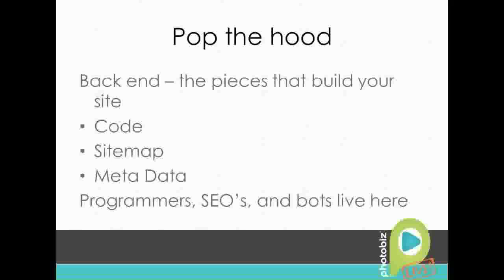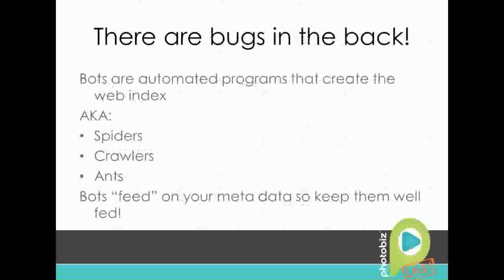Generally, only programmers, SEOs, and the bots are really concerned with your back end. This is not something that your average internet user will ever see. Most people don't even know it exists. But in terms of SEO, it is important. So let's look at each of the 3 areas.